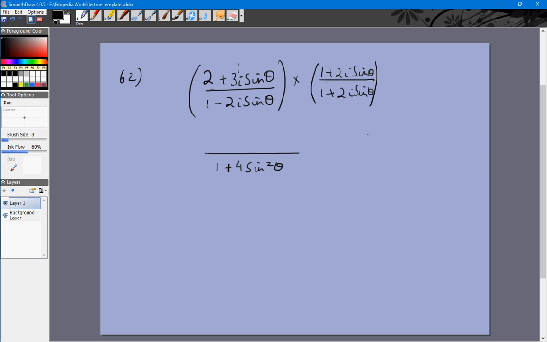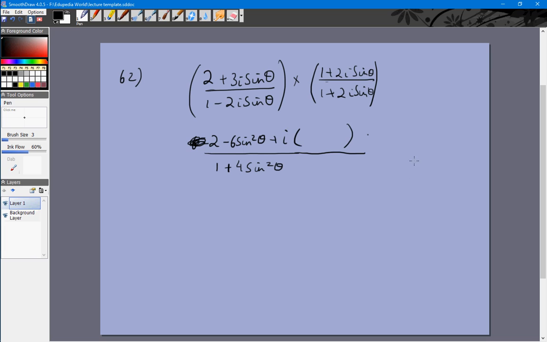And we can just multiply these two functions, so we'll get 2 minus 6 sine square theta plus, and we'll have iotas times something, which will be an imaginary term, which is really not needed in this.